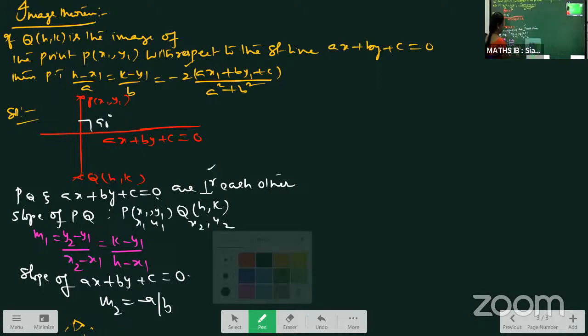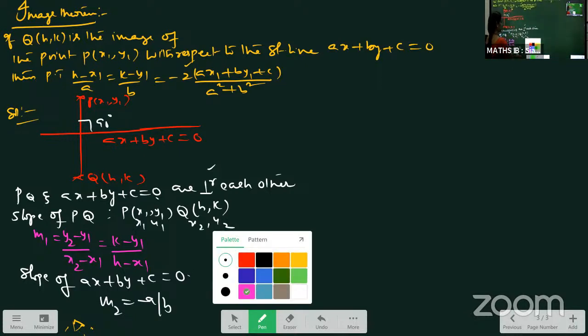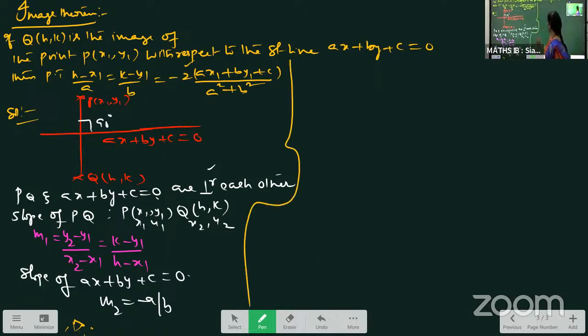Then what is the perpendicular condition? Perpendicular condition, what I told, is m1 into m2 is equal to minus 1.